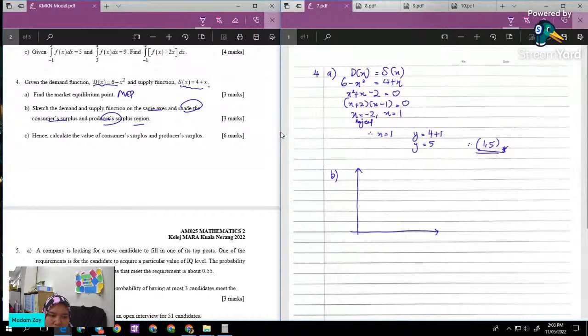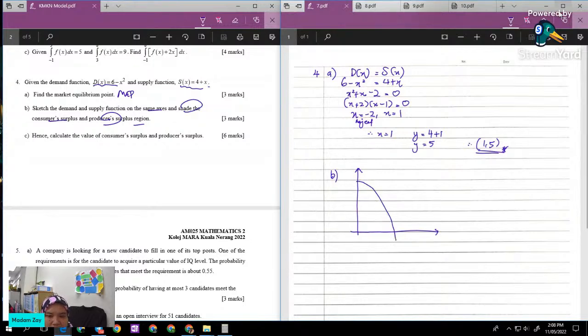Quantity mesti positif. So demand function kita is a quadratic function, a negative quadratic function. So 6 minus x square, so kita akan ada, you tahu dah bentuk dia mesti sedih. Tapi kita tahu dia ambil separuh je.